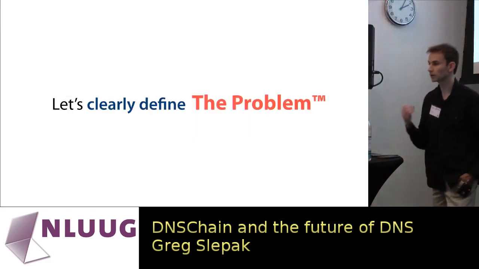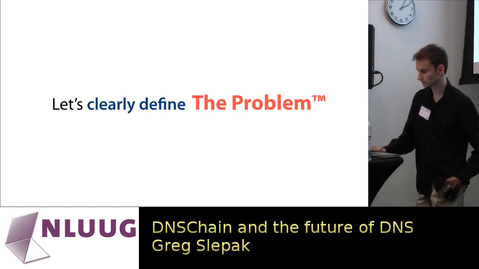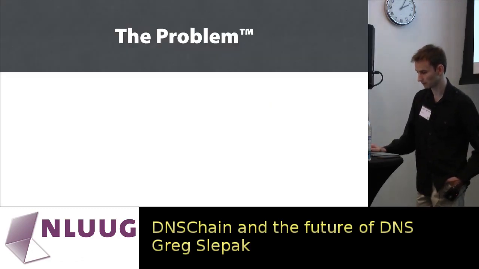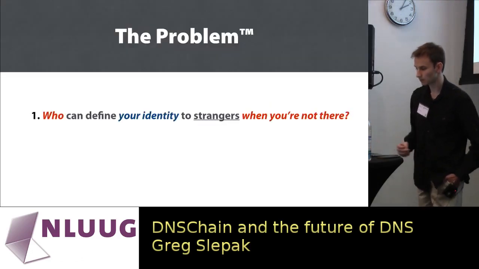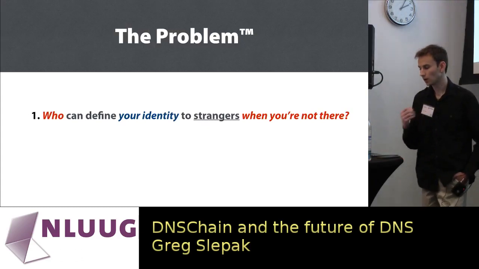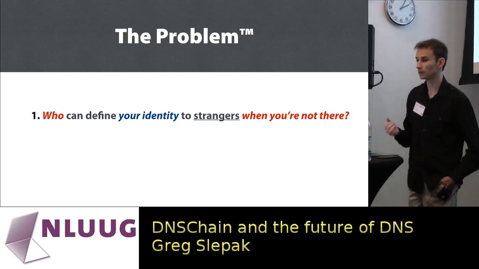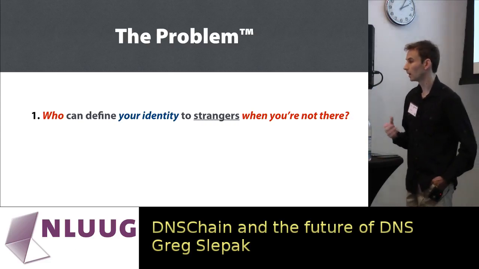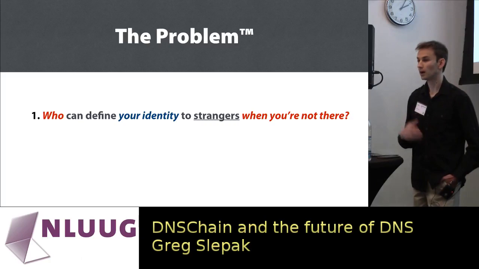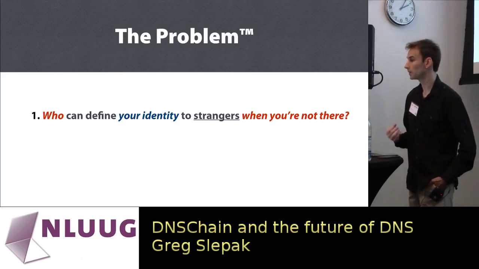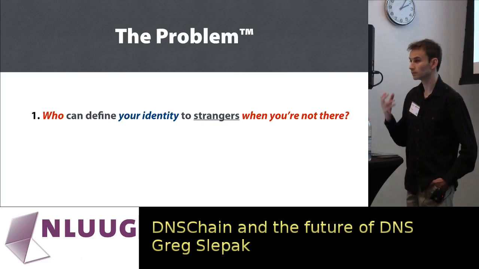So let's try to more clearly define this problem to get a better understanding of what's going on. The basic problem is: who can define your identity when you're not there? Remember, in the context of the internet, we need to be able to have online identities, whether it be for individuals or for organizations, whether it be for your handle on a social network or a website domain name.